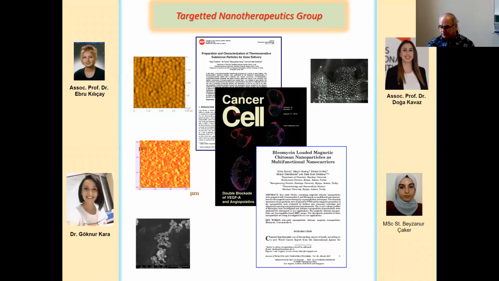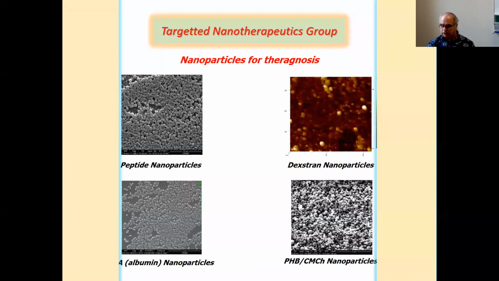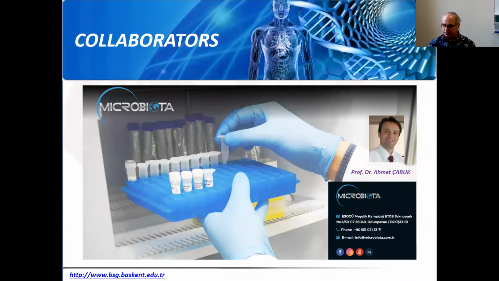And the last one is the targeted nanotherapeutics group, and this group is trying to produce some smart nanotherapeutics. Related with this subject, we have been focused on cancer nanotechnology, and those are some biopolymeric nanoparticles for different types of applications in the biomedical section.